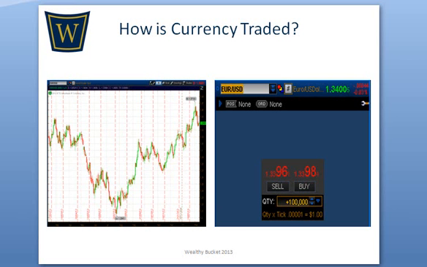As you can see, the image on the left is that of the Euro-US dollar pairing. This is by far the most commonly traded pairing worldwide. You will notice that the chart looks very similar to a stock chart. In fact, they are identical. We believe if you can understand how to interpret a chart, it shouldn't matter what asset class an investor trades in. A chart is a chart is a chart.